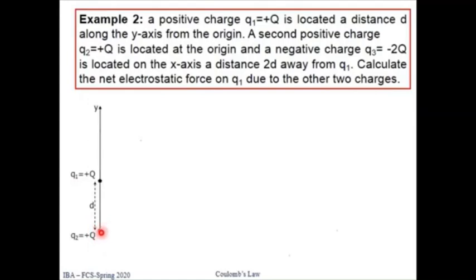This is the origin, and this horizontal axis we call the x-axis. The third charge Q3 is to be placed on the x-axis at a distance 2d. So these are the three charges, Q1, Q2, and Q3.